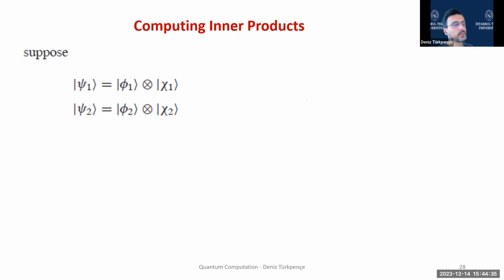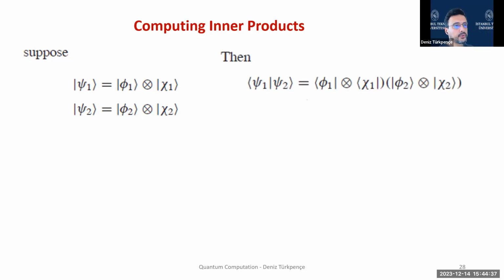I know what an inner product is from the first lecture. So this is the way I inner product psi1 and psi2. If you want to inner product them, this is the notation you use. And the result is, of course, again a C number.